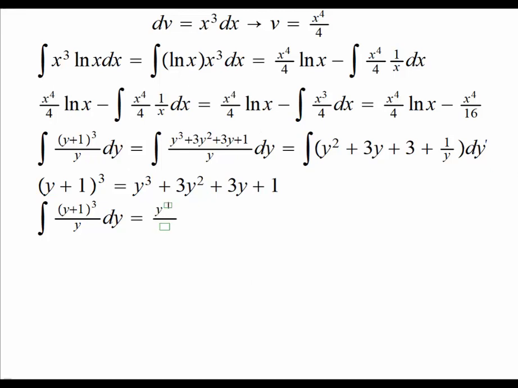So if I use this portion here, then the antiderivative of this part is going to be y cubed over 3. I'm integrating this, right? Then for 3y, I'll have 3y squared over 2, plus 3y, plus 1 over y would be natural log of absolute value of y, and we can put a constant here.